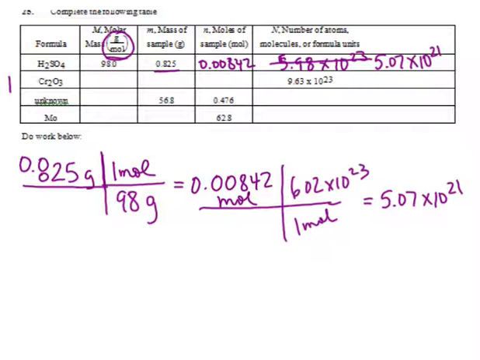The next one we're going to look at is this chromium(III) oxide. And we can't do a whole heck of a lot without having the molar mass. How do we find the molar mass for this one? Correct, use the periodic table. Find the molar mass.